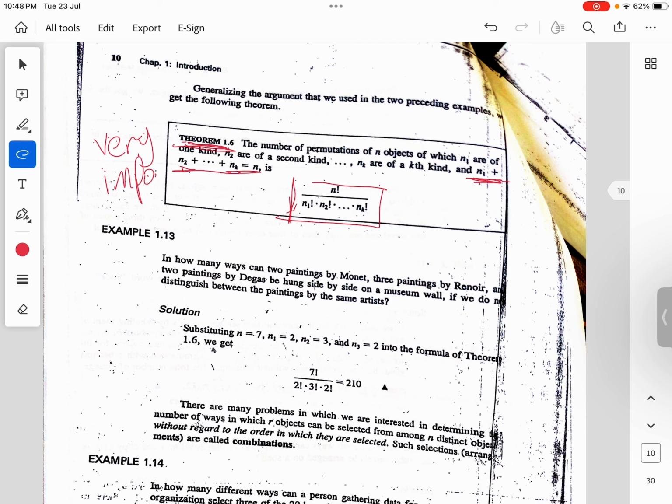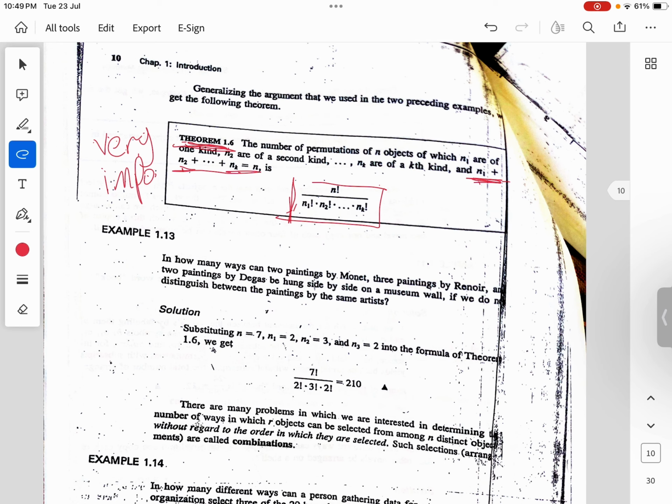In how many ways can 2 paintings by Monet, 3 paintings by Renoir, and 2 paintings by Degas be hung side by side on a museum wall if we don't distinguish between paintings by the same artist? Notice that we have 2 by Monet, 3 by Renoir, which means 5, and 2 by Degas, so 7.